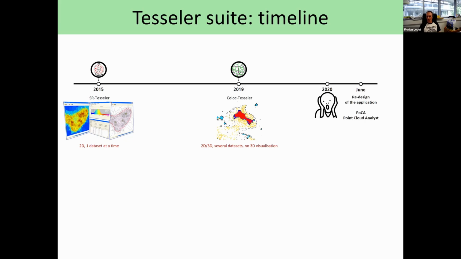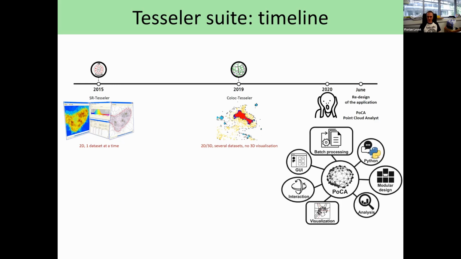So I decided to go back to zero and to redevelop a complete platform, which is PoCA, Point Cloud Analyst, because I found that for my software and the ones that were available elsewhere, there were things that were missing, like a proper GUI, proper visualization and interaction. And I put a lot of effort into making this software, PoCA, answer all these limitations.